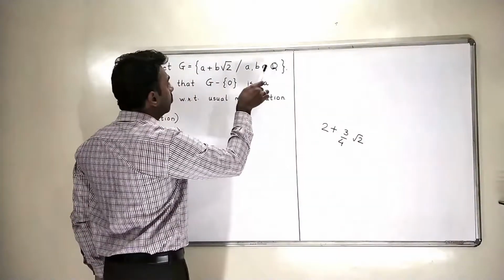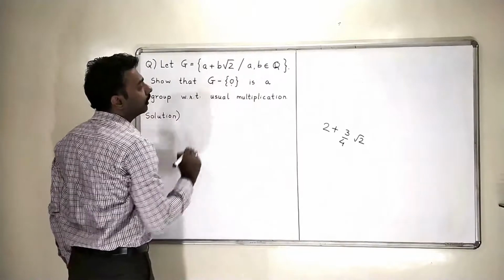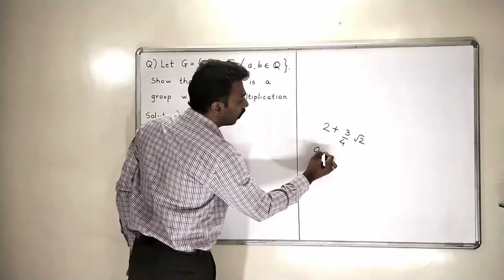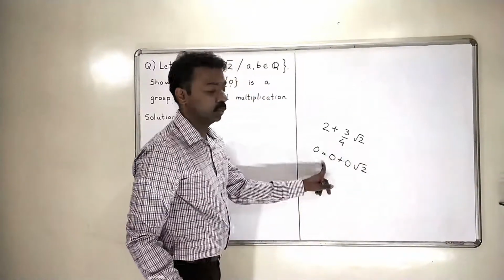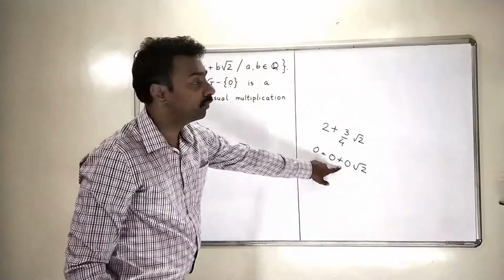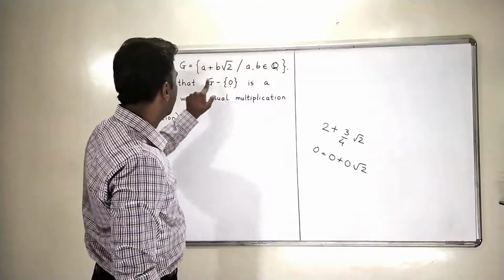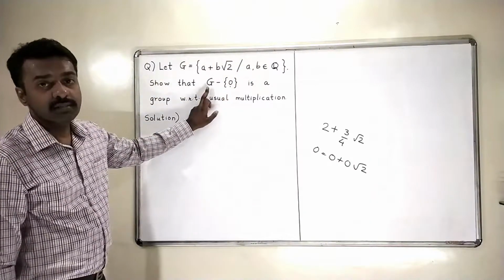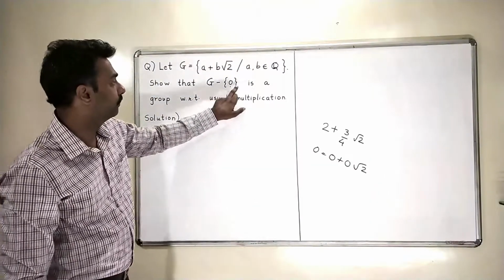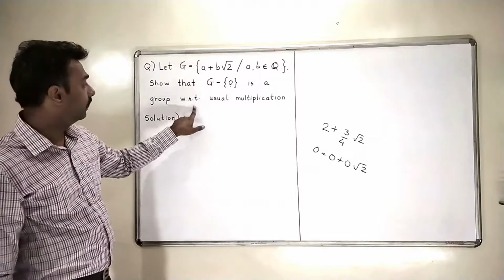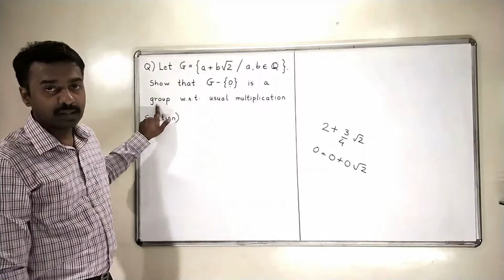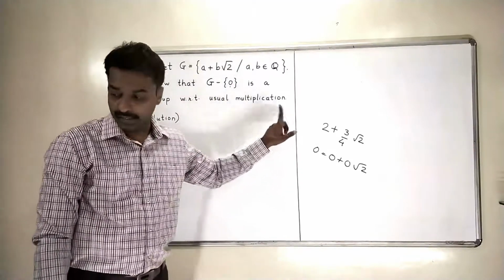From all these numbers, I will omit the number 0, because 0 is also of the form 0 plus 0 times root 2. So this number I will remove from my set G. So that set will become G minus singleton 0. This set G minus singleton 0, I have to prove that it is a group with respect to usual multiplication.